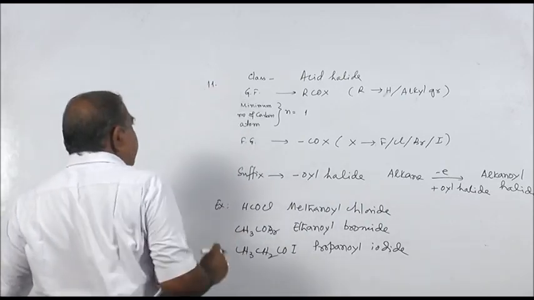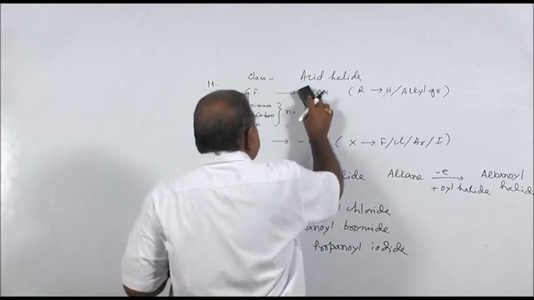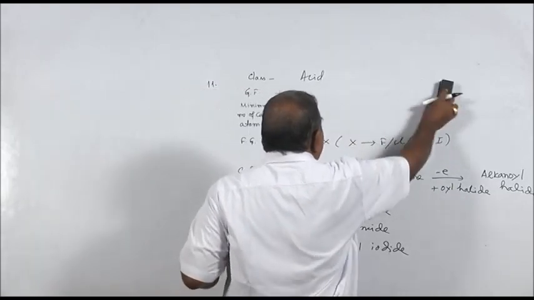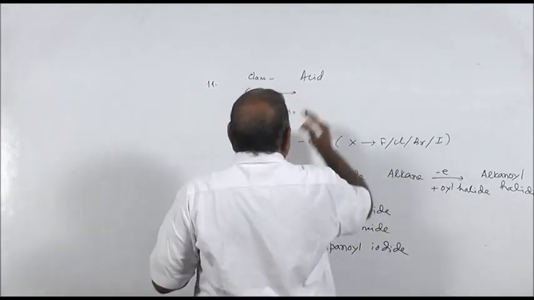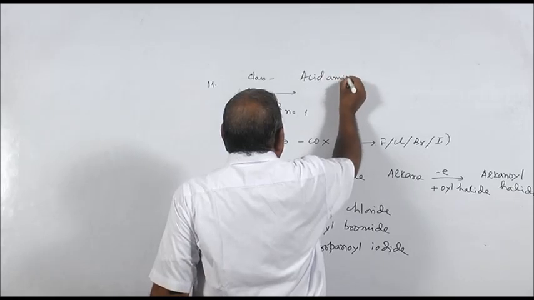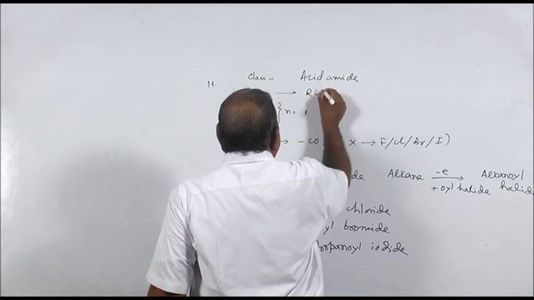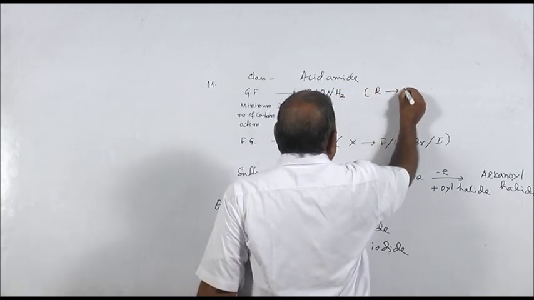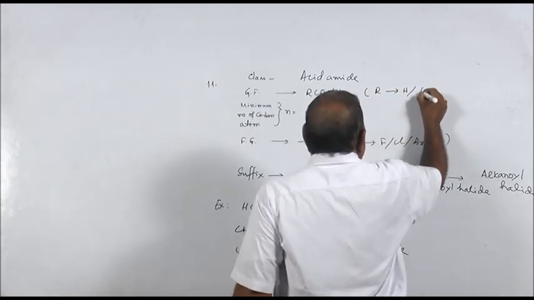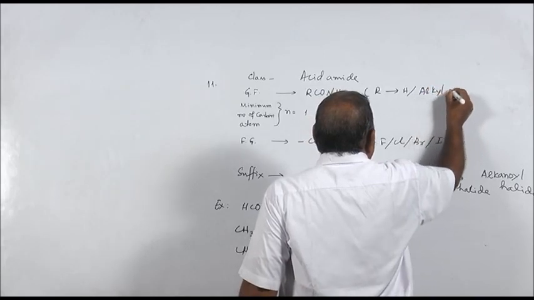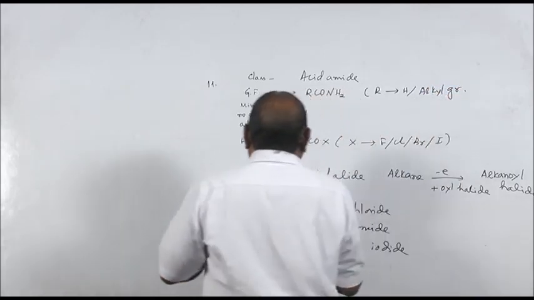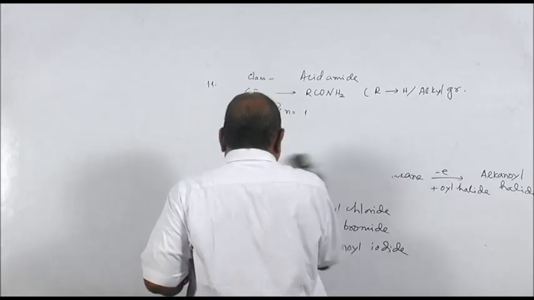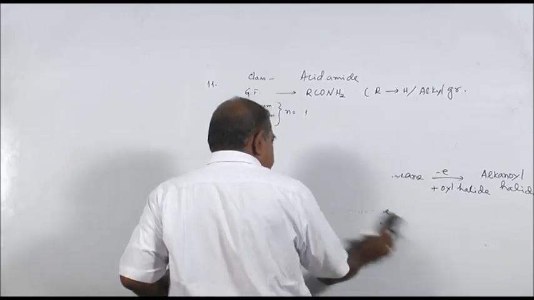The next category is acid amide. The general formula is RCONH2. Again, R can be hydrogen or an alkyl group. The minimum number of carbon atoms is also 1.